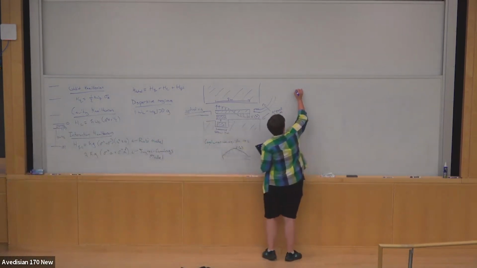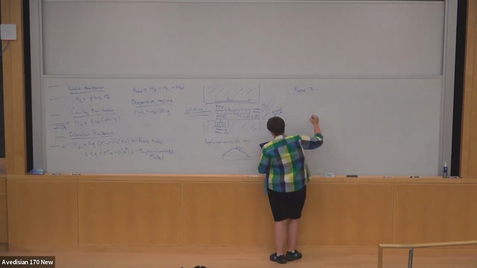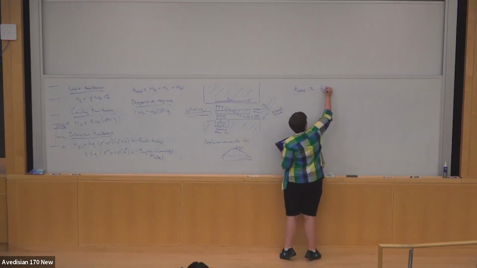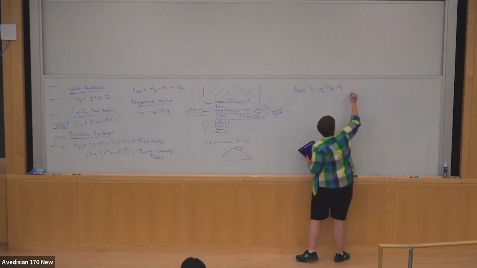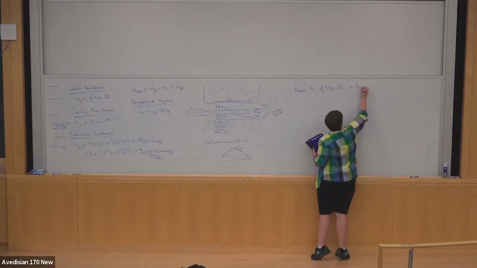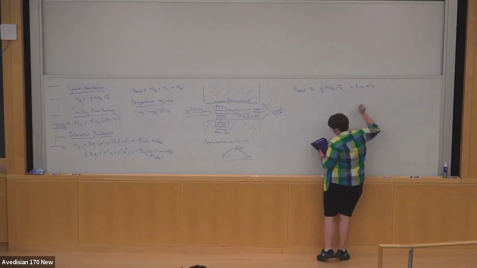And in the dispersive regime, H total looks approximately like this. So 1/2 H bar omega Q sigma Z plus H bar omega C A dagger A.